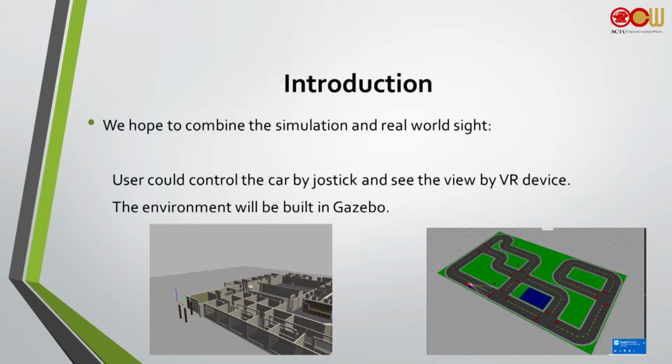And we will use a VR device and also Gazebo. The idea is we can use a joystick to control the car in the virtual world, and also we can use VR to see the sight that the car in the virtual world sees. Yeah, and I'll explain more later.